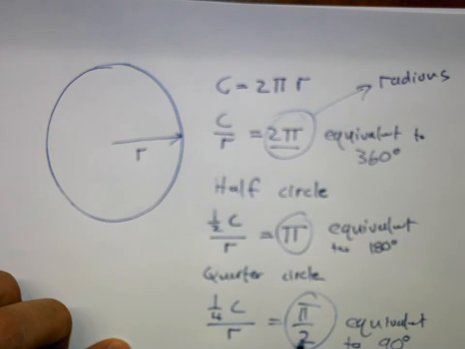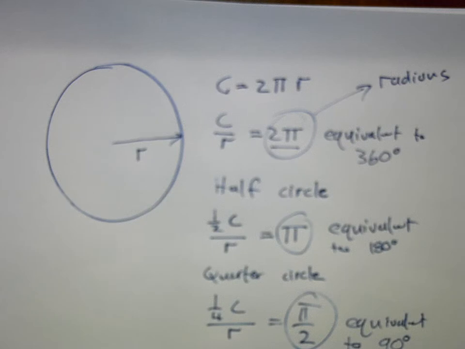If it's a quarter circle, that must be pi over 2. So we can either use degrees or radians to describe angles. And physically, it makes more sense to use radians because we can directly relate distance in some sort of meters to a certain amount of radians. We cannot do that for degrees, or we cannot do that easily for degrees.